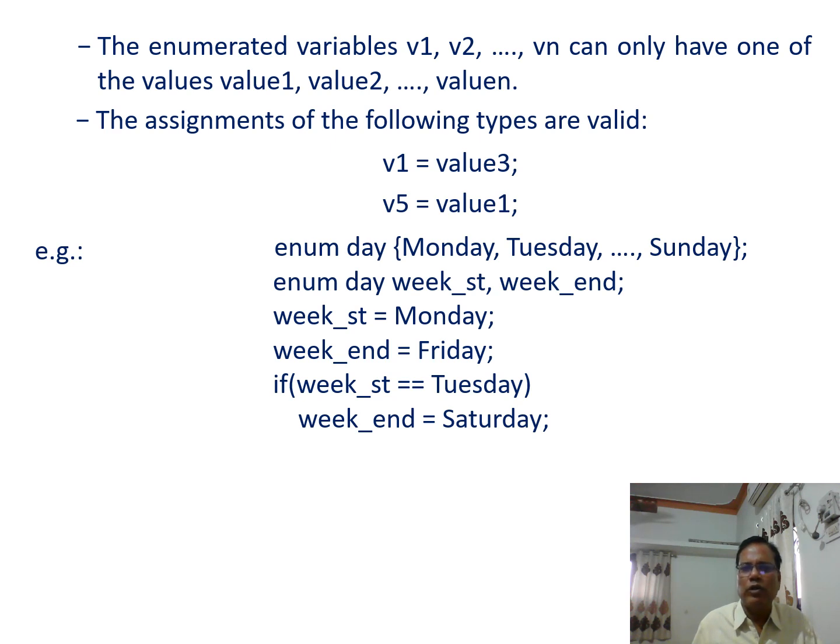Now, using the enumerated data type day, we can declare enumerated variables like enum day week_start, week_end. These two variables can have values only from the enumerated constant list, Monday to Sunday.